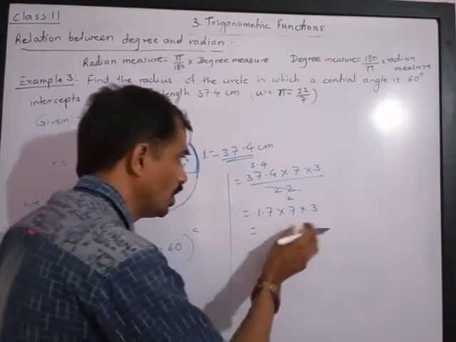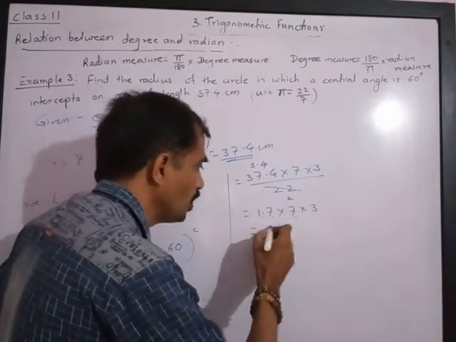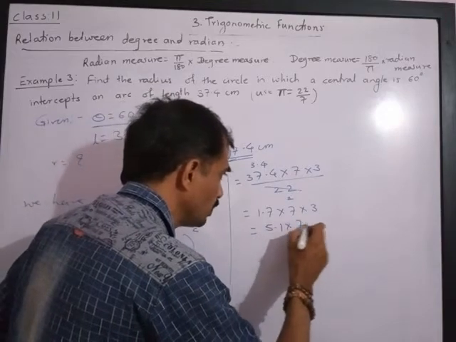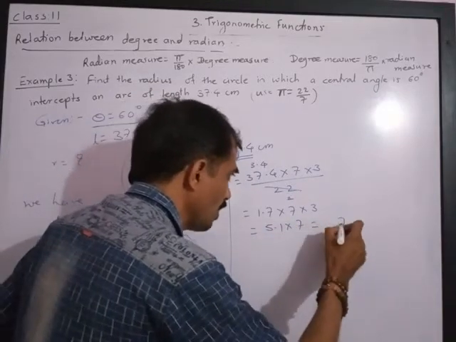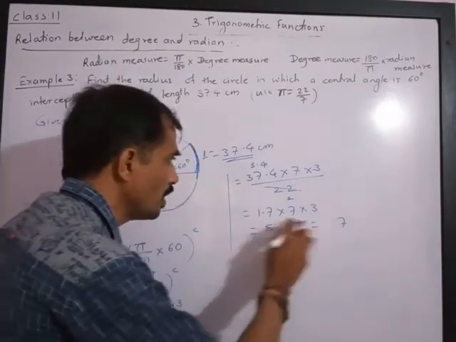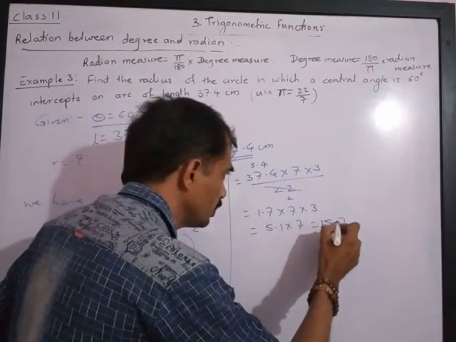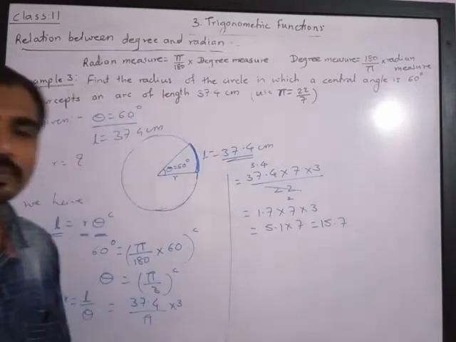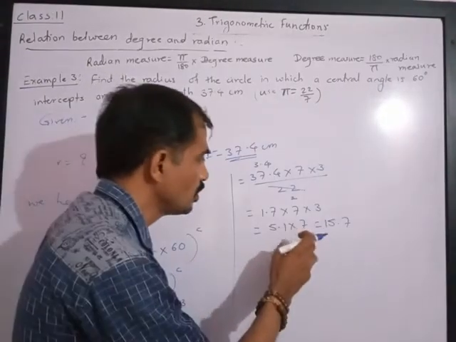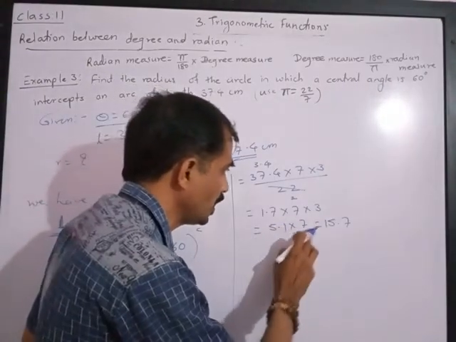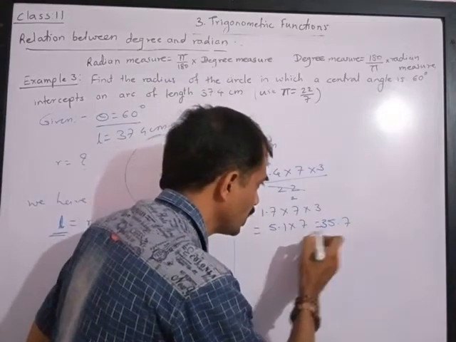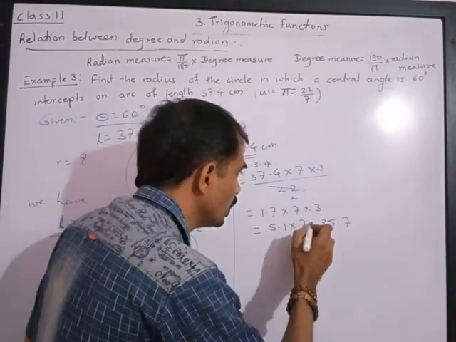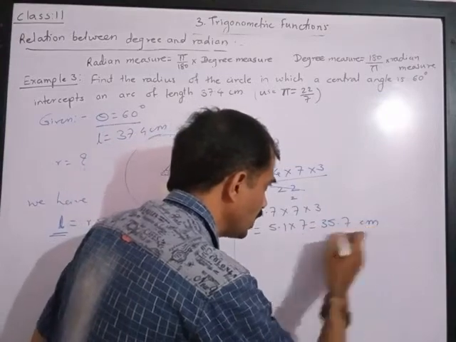So 17 3s are 51, so 5.1 into 7. 7 1s are 7, 7 5s are 35. So this is equal to 35.7 centimeters.